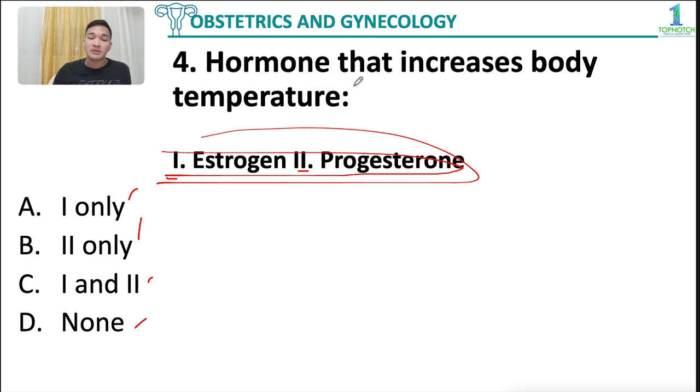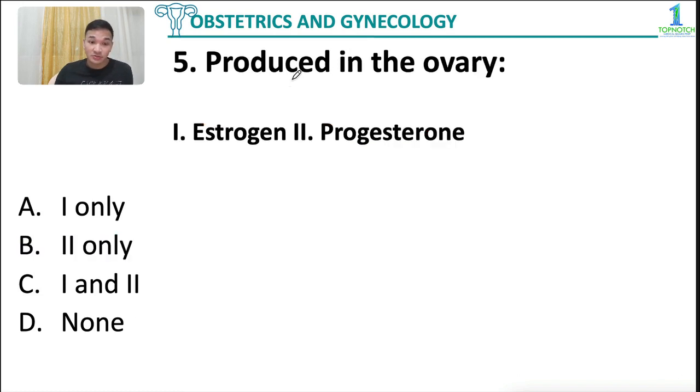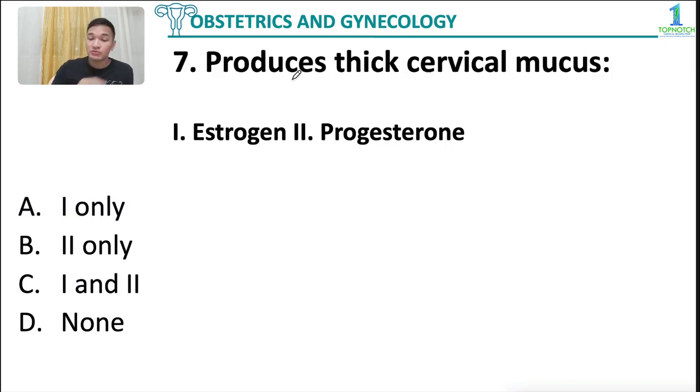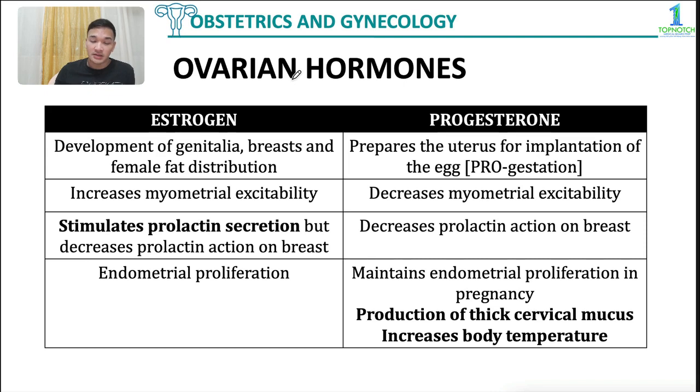So number 4, hormone that increases body temp, it's only progesterone. Produced in the ovary, it's both of them. Stimulates prolactin secretion, that's only estrogen. And produces thick cervical mucus, that's progesterone only. Okay.